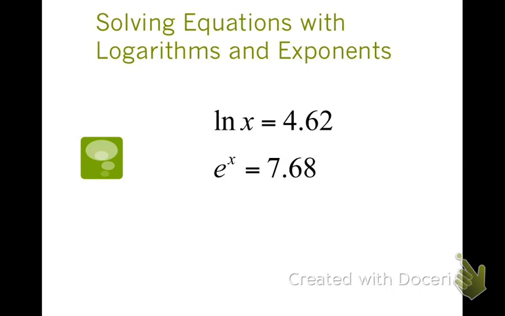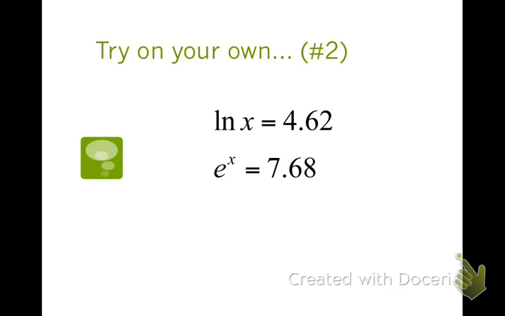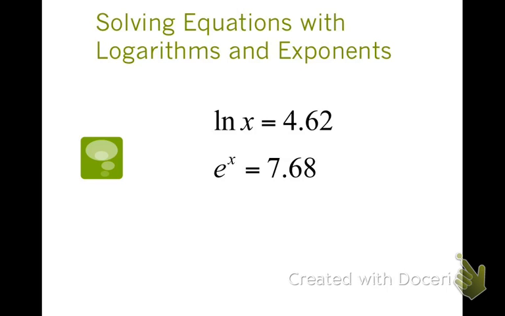Alright, so just like we did before when we changed something into exponential or log form to solve, I'll walk through this. I will do the exponent one where we need to change it into exponential, so I'm going to do the top one this time. Okay, so we have ln of x equals 4.62.